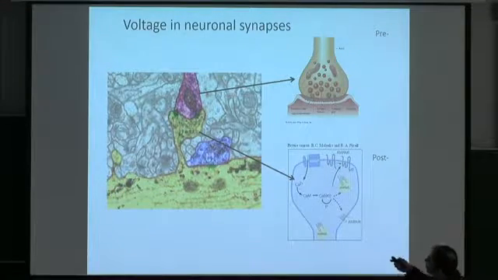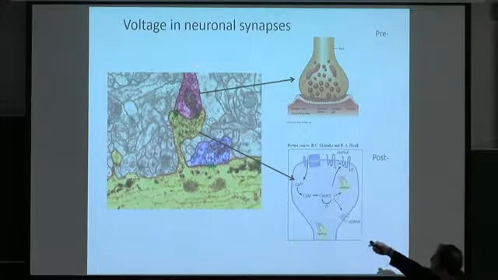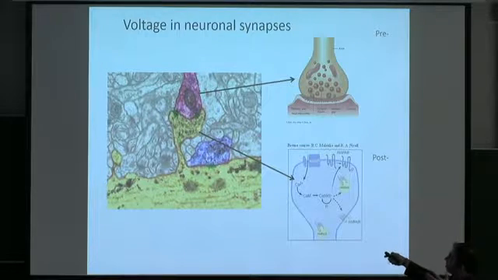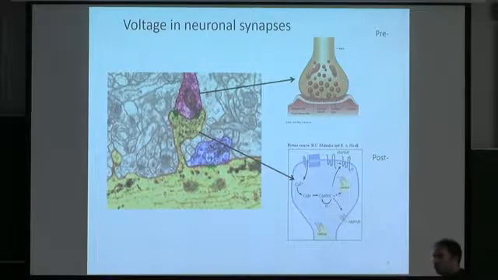So let's now focus on this particular interaction between two neurons, presynaptic terminal, postsynaptic terminal. Upon some action potential, the signal is going to be transduced from electrical activity to chemical activity by the release of a neurotransmitter, about 3,000 molecules, that are going to move by diffusion.